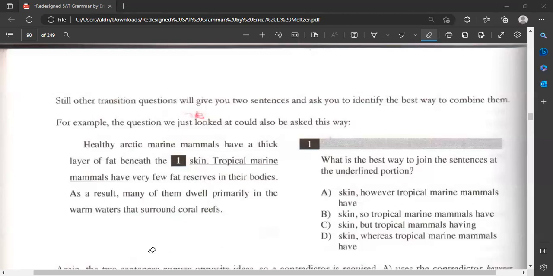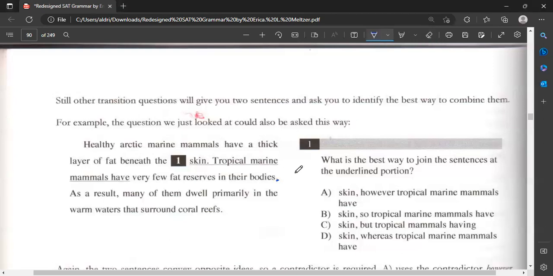But why do we go for D? So listen, let's look at C. But tropical mammals having very few fat reserves in their body creates what we call a fragment. Remember, guys, chapter 6, sentences and fragments. So if we say, but tropical mammals having very few reserves in their bodies, we shouldn't have a full stop there. Do you guys agree?